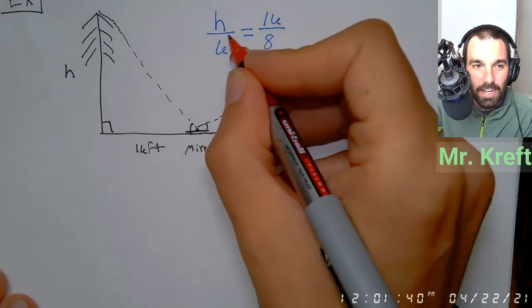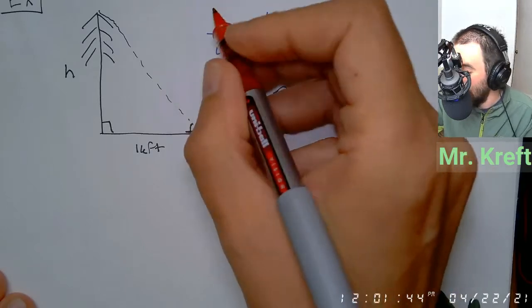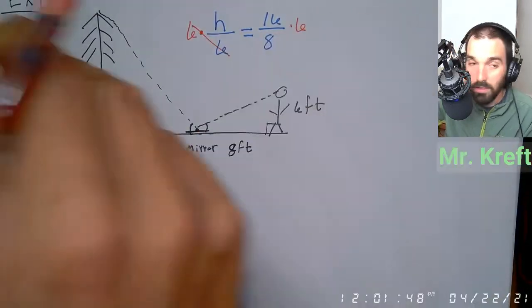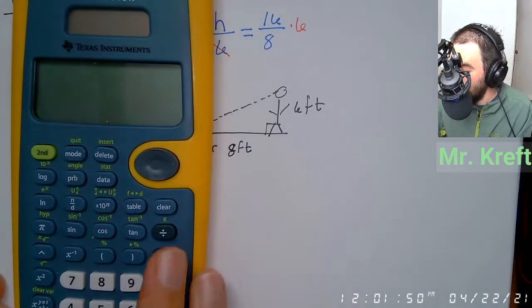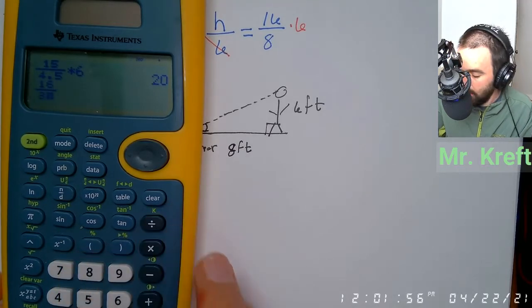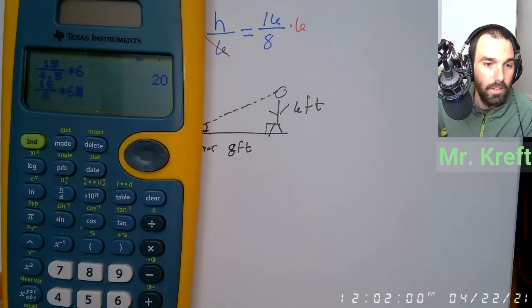So again, this is h divided by 6. So if I want to get h by itself, I have to do the opposite of divide. So I'm going to multiply by 6 here. Okay. So then I'm going to have 16 over 8 and then times 6.